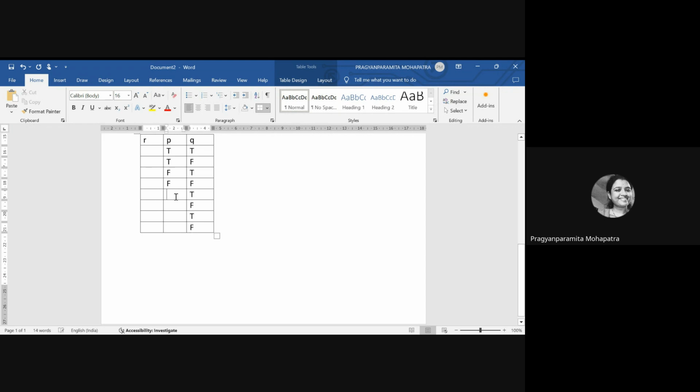The second one will have T T F F. And the third one will have just the double of that. That is, if Q is having 2 sets of T and 2 sets of F, then R will have 4 sets of T and 4 sets of F.